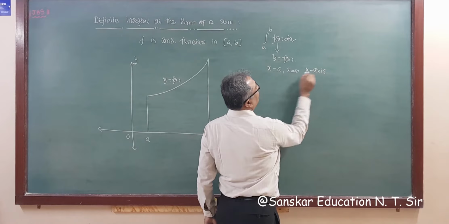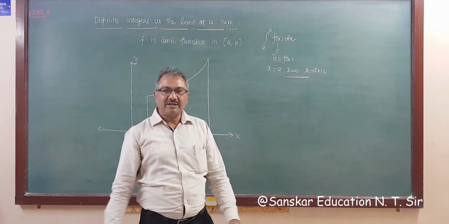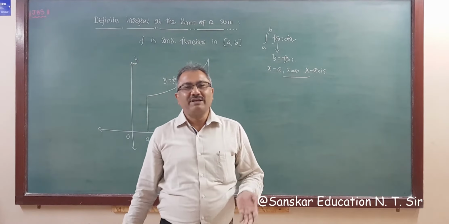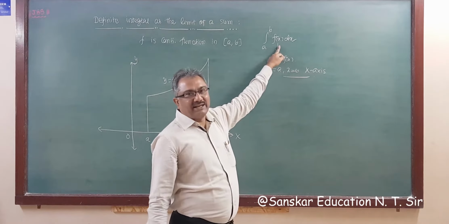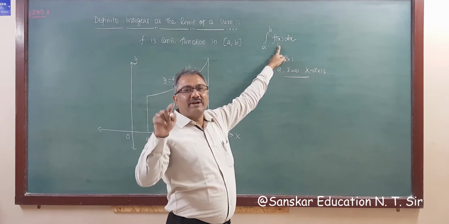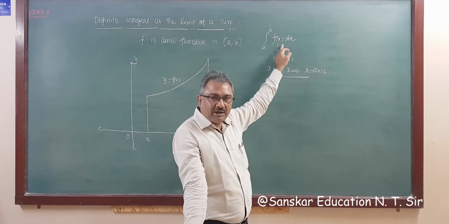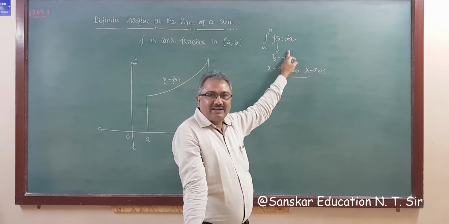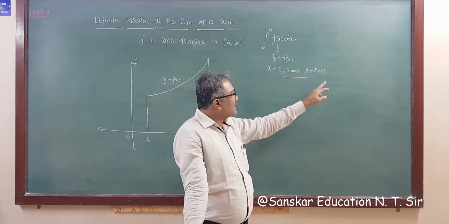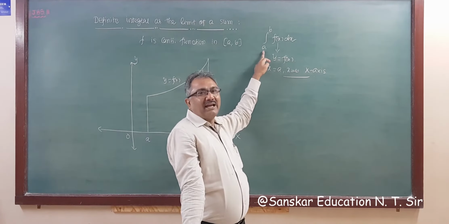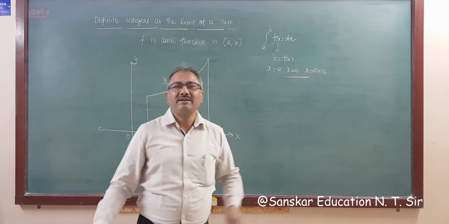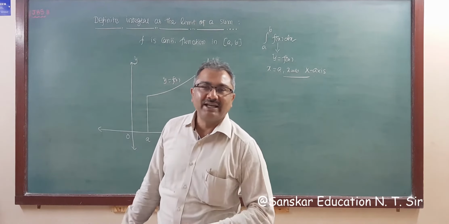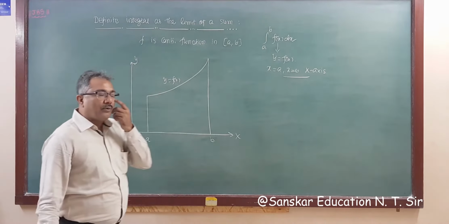This is the meaning of definite integration, right. That means if you are solving integration a to b f(x) dx, the answer will be the area of the given function between the x-axis and the lines x is equal to a and x is equal to b. Definite integration is nothing but finding the area under the curve, right.